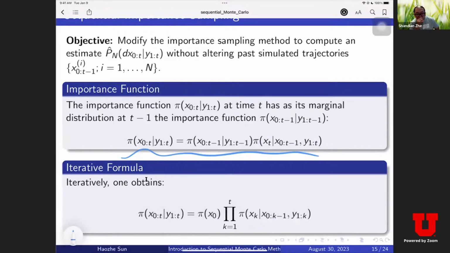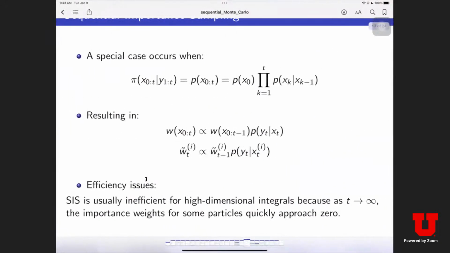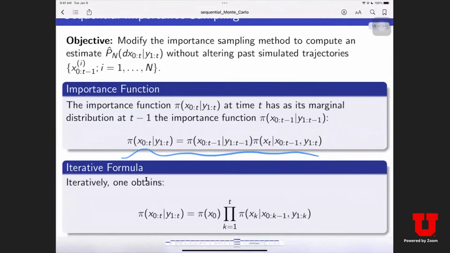Is it the structure of your pi? Because you need to choose a pi, right? Yeah, I need to choose the pi. I will introduce choosing pi in the following slides. And now I want to introduce the property of the pi.